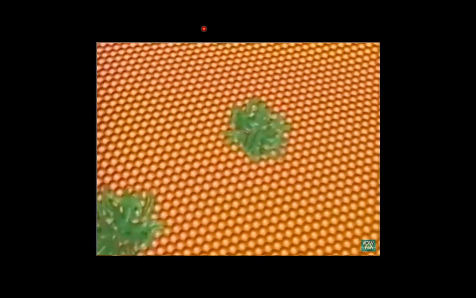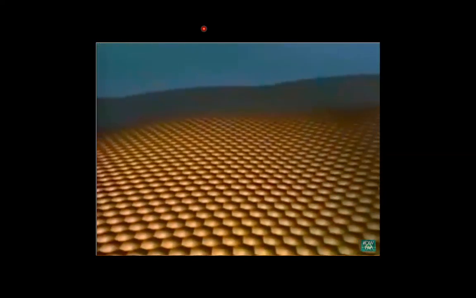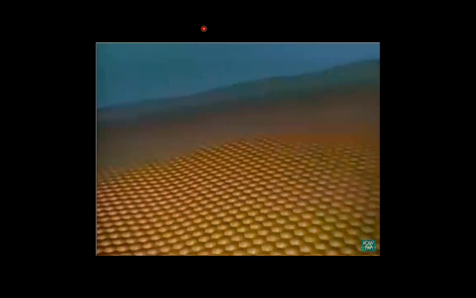And these molecules are not stationary. They constantly move within the structure, fluidly changing their positions. The survival of all life rests on this veil of material. A supple membrane, just 2 molecules thick.